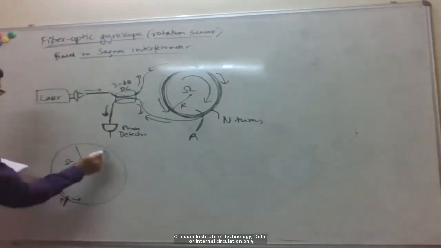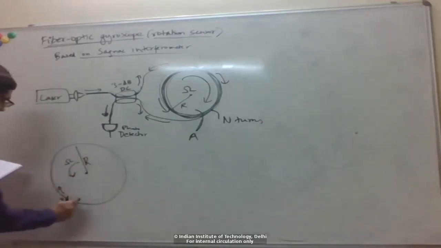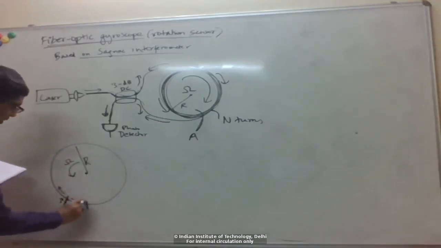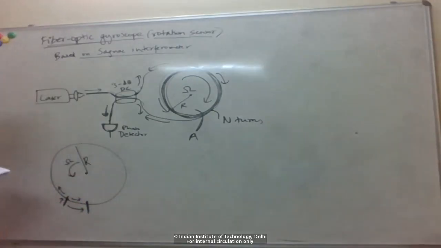Right, so now these paths are traveling, and let's say when they come back here, this has now moved. This input-output port has now moved here.